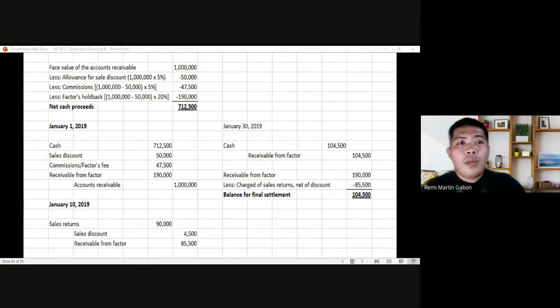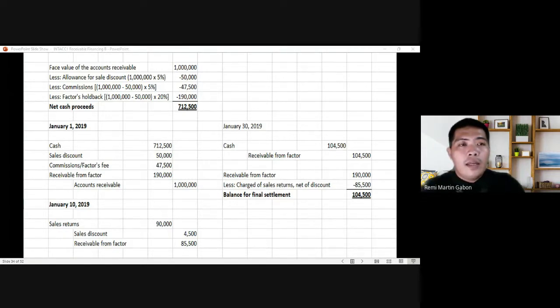So that would be 1 million minus 50,000 times 5%, that would be 47,500. Then less factors holdback. Other terms for factors holdback, we can say factors retained amount or factors retainer. So 1 million minus 50,000 times 20%, we have 190,000. So net cash proceeds will be 712,500.